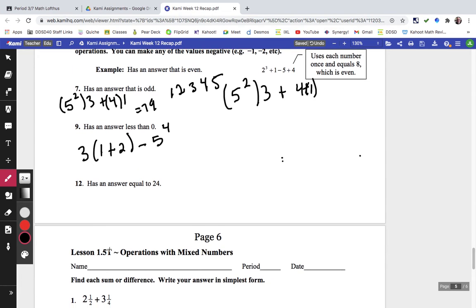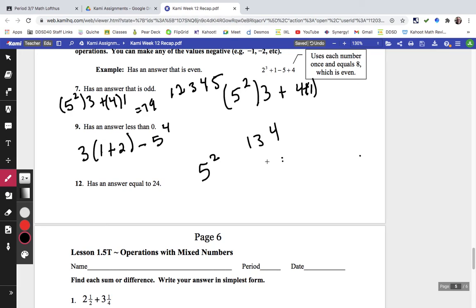And we want to equal exactly 24. So I think I'm going to start with something close to 24, which is 5 squared, and see if I can get a negative 1 out of 1, 3, and 4.